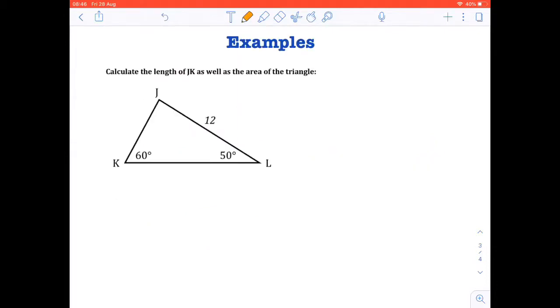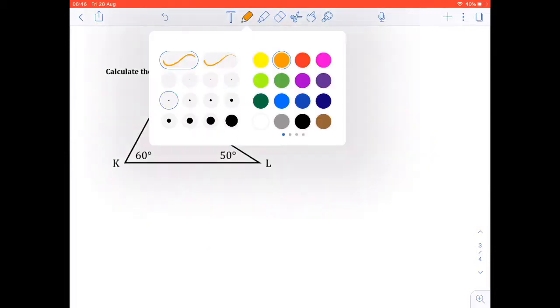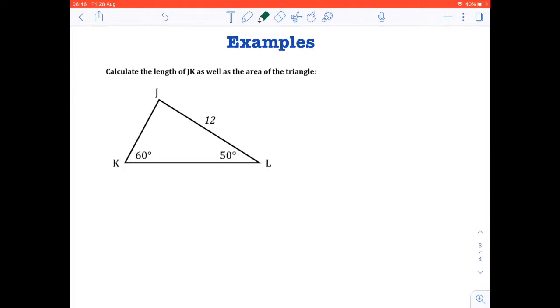Let's move on to some examples. In this example, it says calculate the length of JK as well as the area of the triangle. So we'll start with the length of JK. Let's look at what we have in this diagram. We have a 12 for JL, and we have angles of 60 and 50.